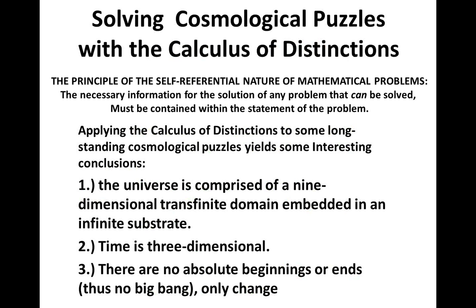Past, present, and future together define one dimension of time. And three, there are no absolute beginnings or endings, and thus no Big Bang, only change. The striking elegance of the mathematics proving these statements is detailed elsewhere in technical papers.